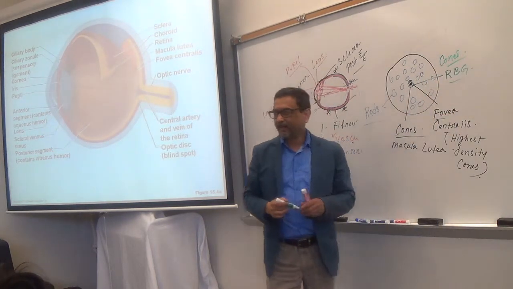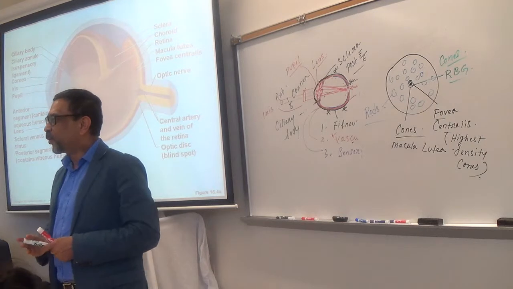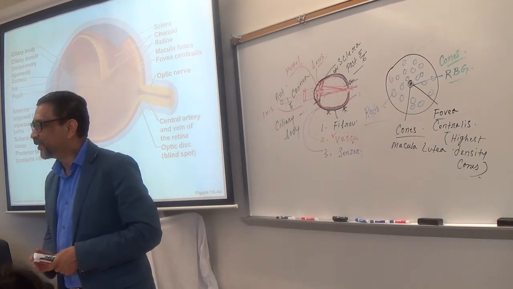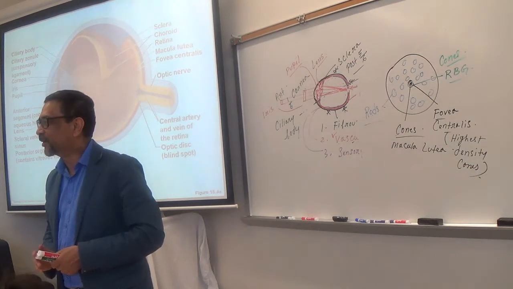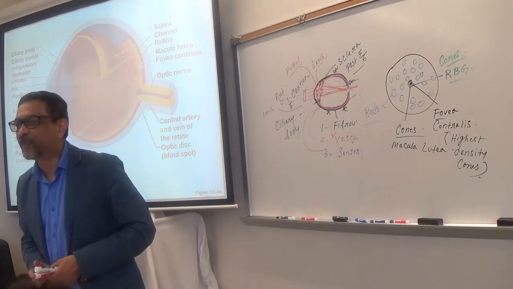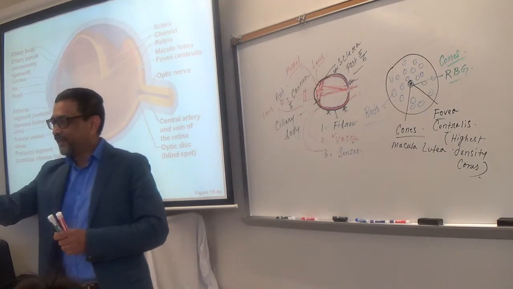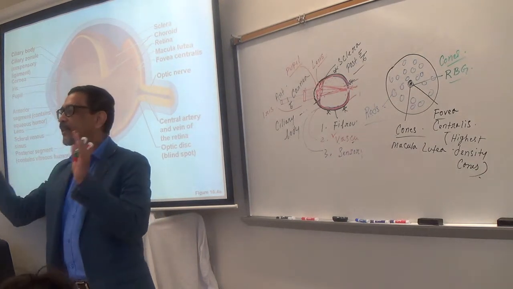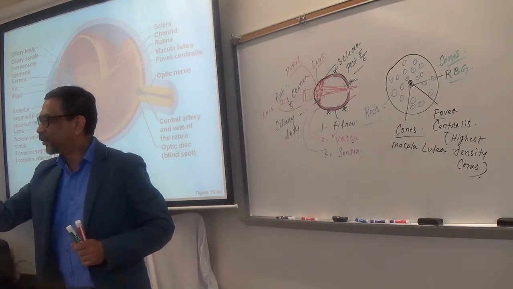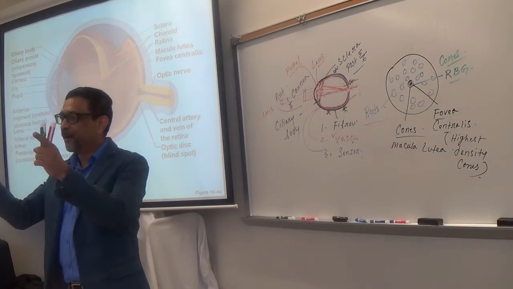That means what? When I said there are three types of cones, red, green, blue, right? Do the cones look red, green, or blue? What do you think? No, because the cells all look the same from outside. They don't have color, right? Why do we say red, green, blue? It's the light wavelength. You know the light is actually an electromagnetic wave, right? The shortest wavelength looks blue, medium looks green, longer looks red.